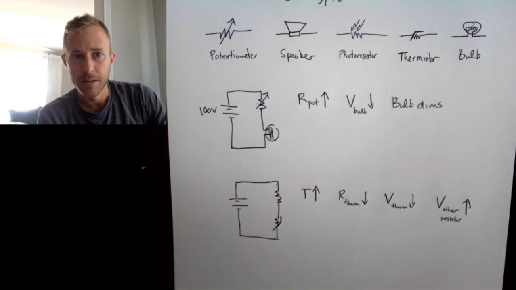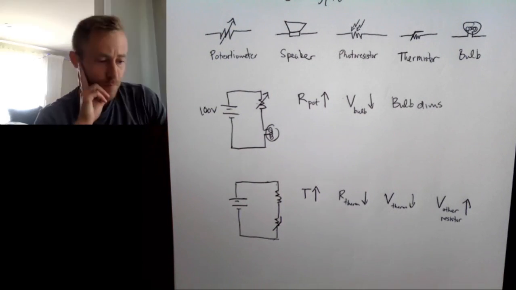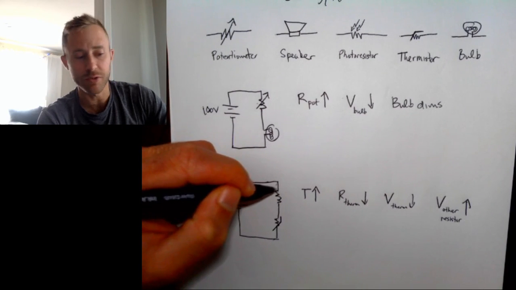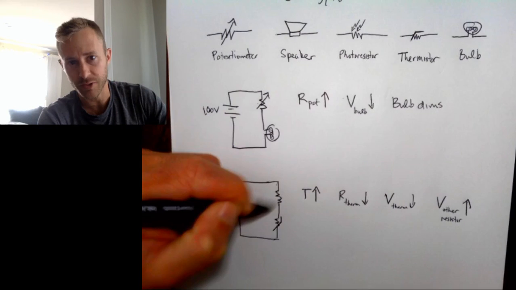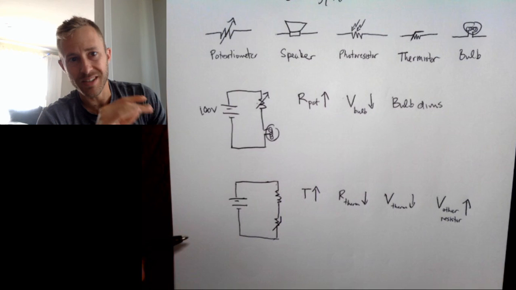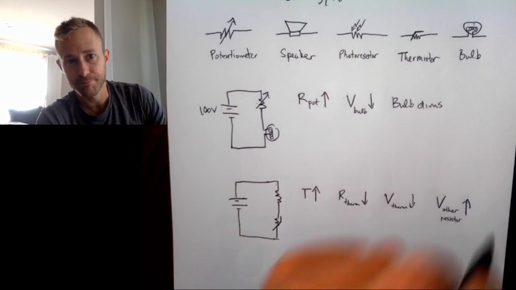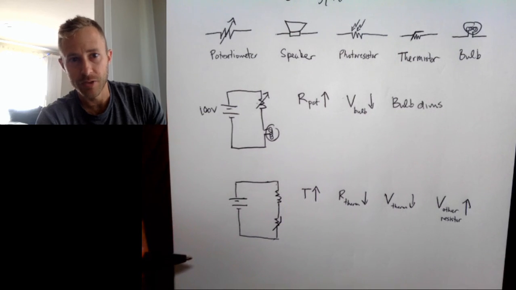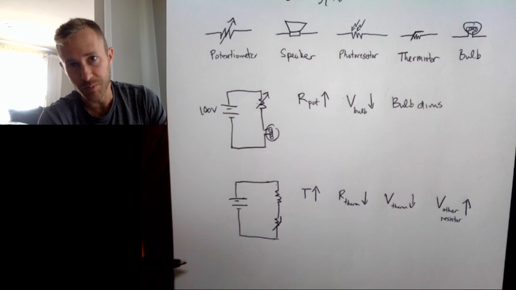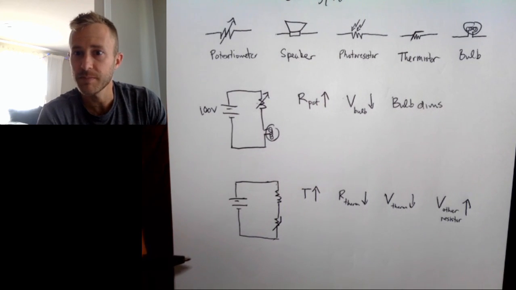So if we were monitoring the voltage across this other resistor, we would be able to tell what the temperature is by looking at its voltage. So that means that we have a thermometer. This is basically how a thermometer works.